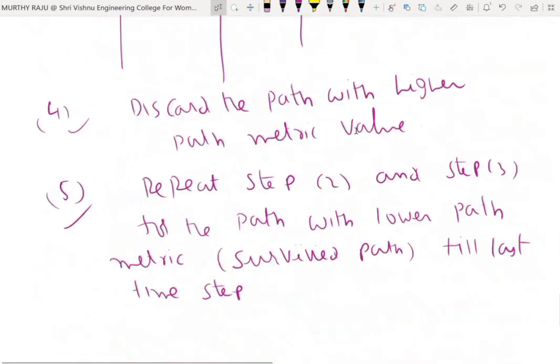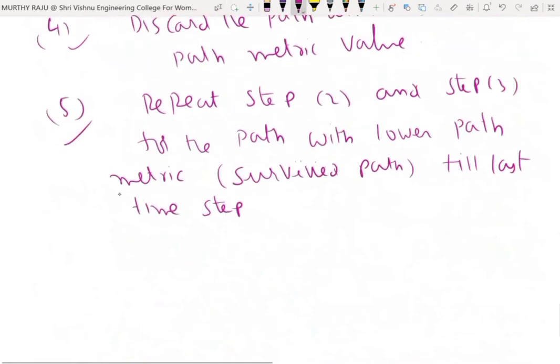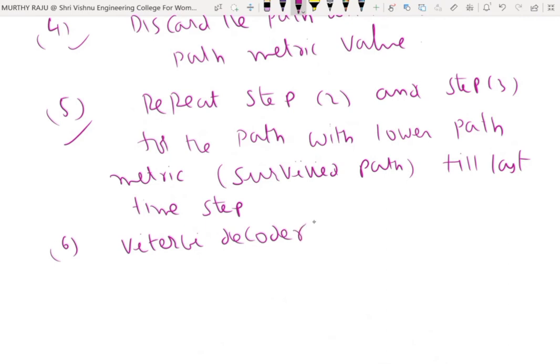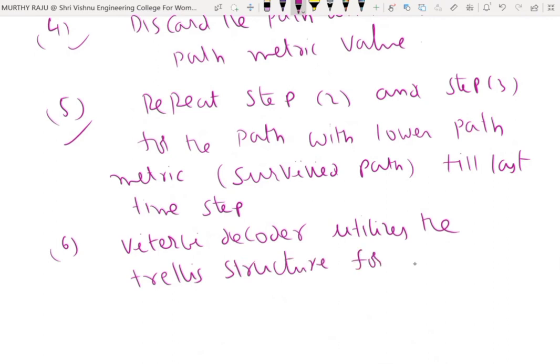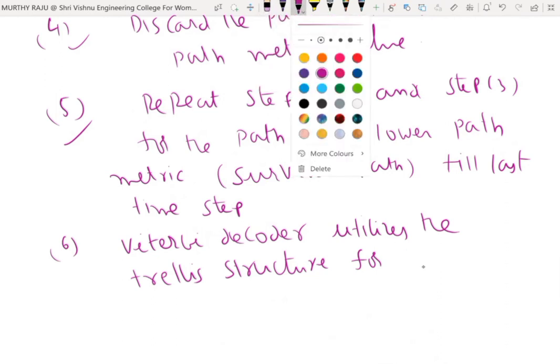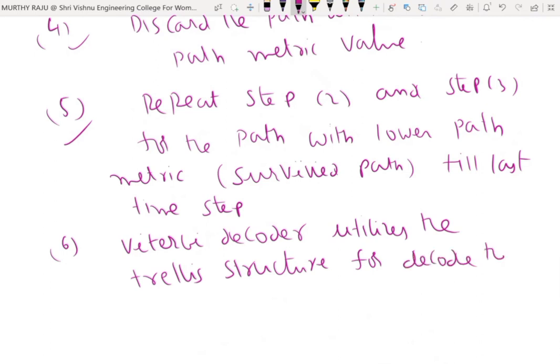One more important point here is the Viterbi decoder uses the trellis structure to decode the given received sequence.